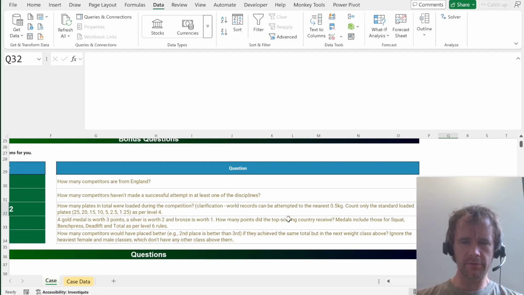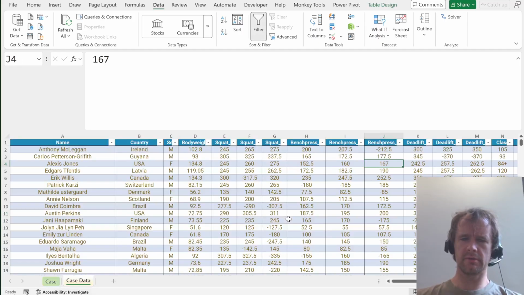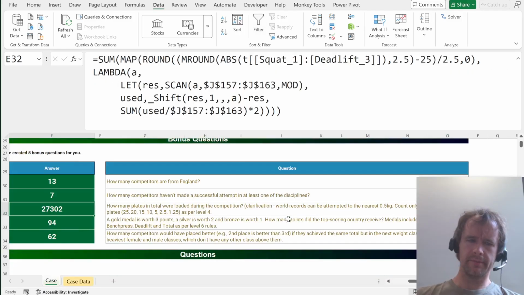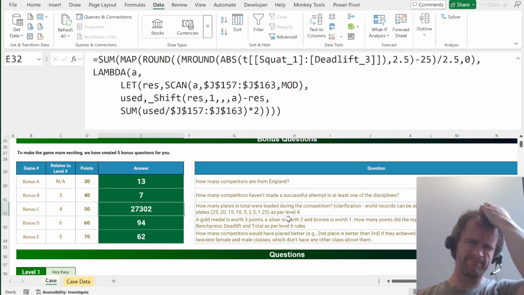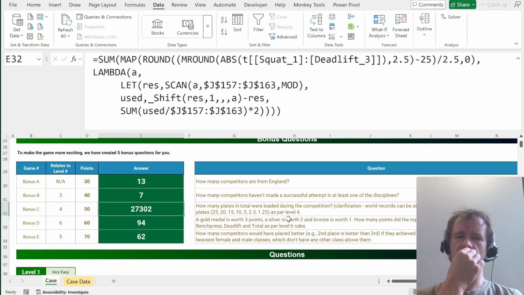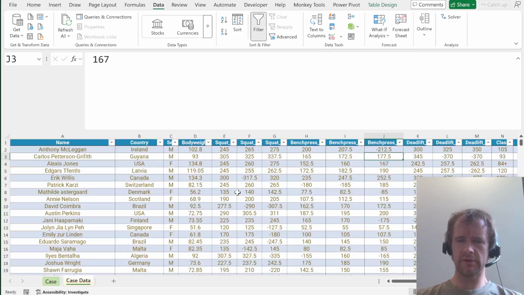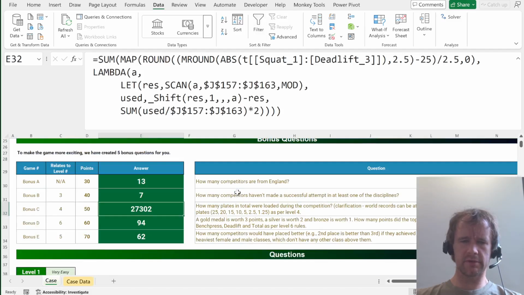To the nearest 0.5 kg, count only the standard loaded plates. So I guess this means maybe we need a lighter plate. Okay. So then, okay. So let's just look at 167 for a second.